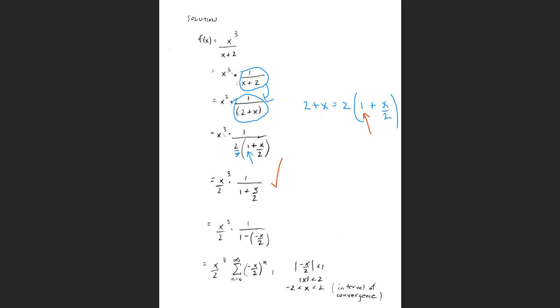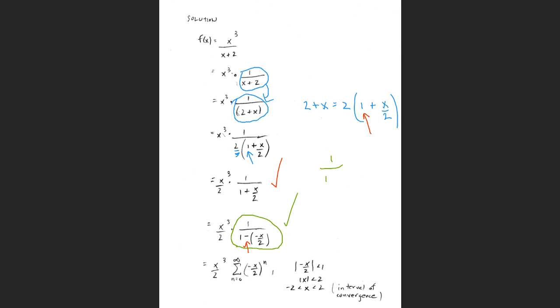Now I need a minus. So I'm going to write 1 plus x over 2 in the denominator as 1 minus negative x over 2. And now this part of the expression is in the form I want it to be.